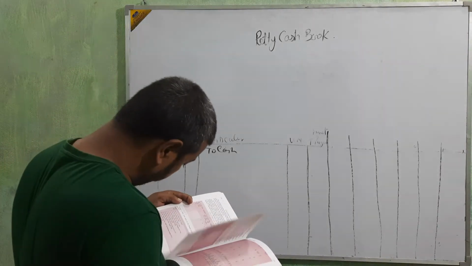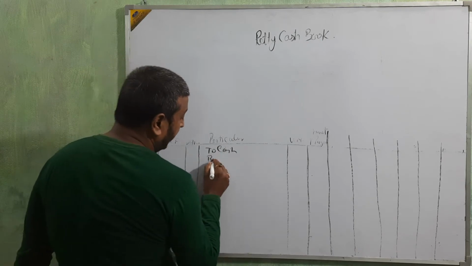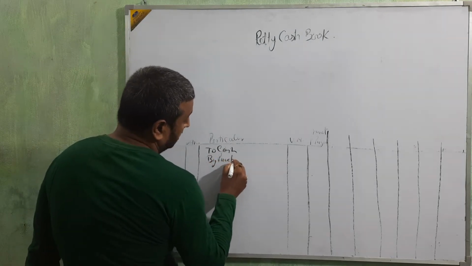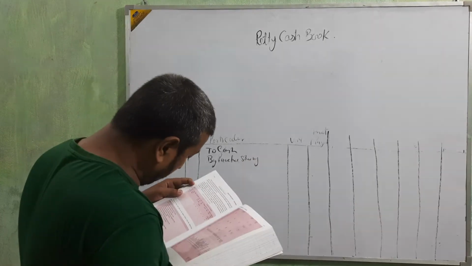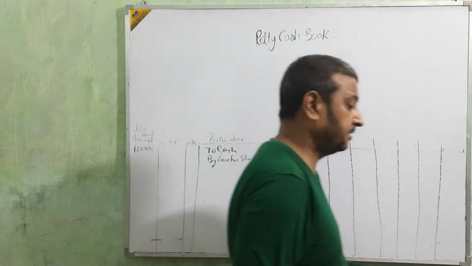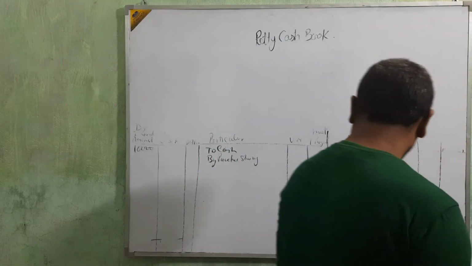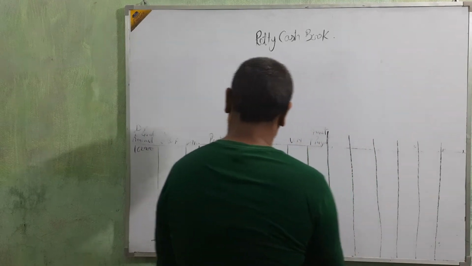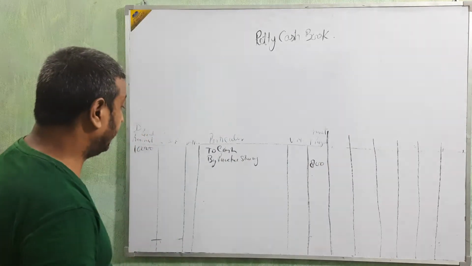Then purchase stationery, it means buy, and the amount is 800. Purchase stationery 800. Okay, beta? Right here. Then next.